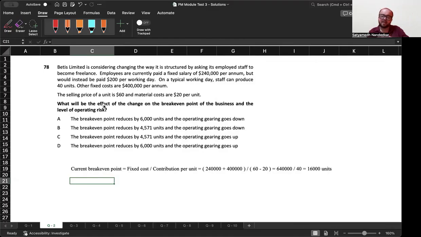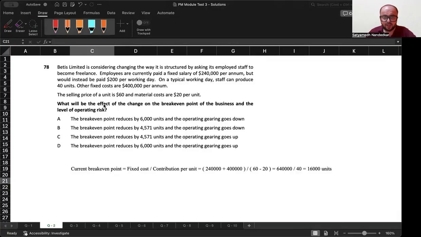Okay. Now, the company wants to change the way it is structured. So employees who are currently paid a fixed salary of 2,40,000 per annum would instead be paid 200 per working day. On a typical working day, staff can produce 40 units. Now there is a change that is happening. Your fixed cost is not going to be 2,40,000 plus 4 lakh. It will only be 4 lakh.